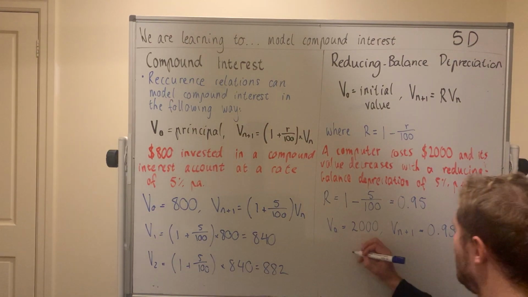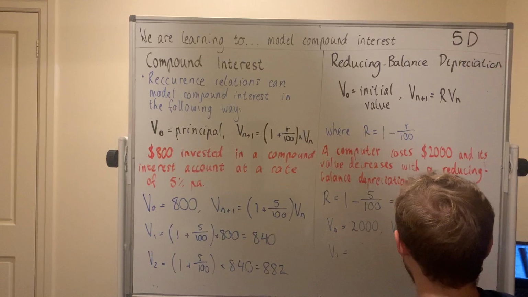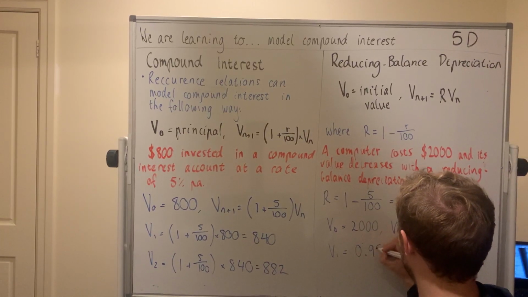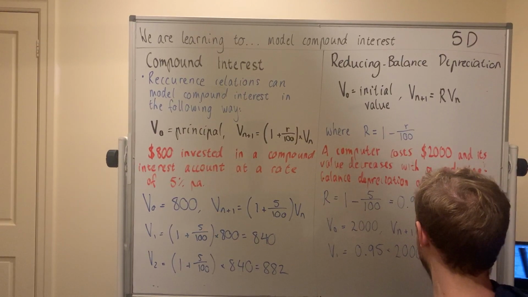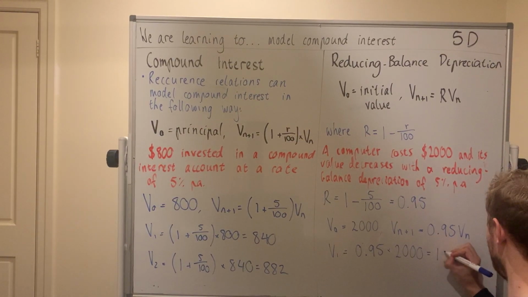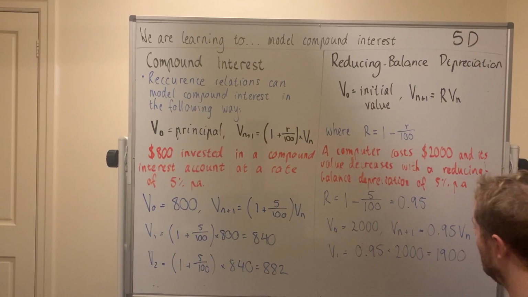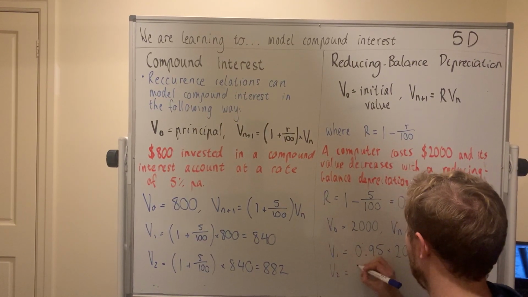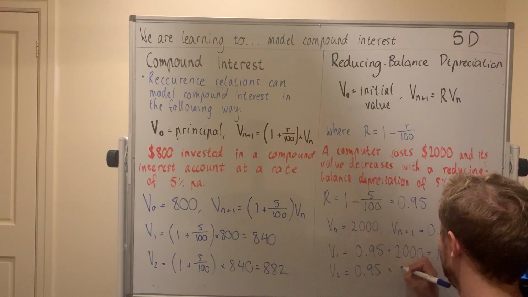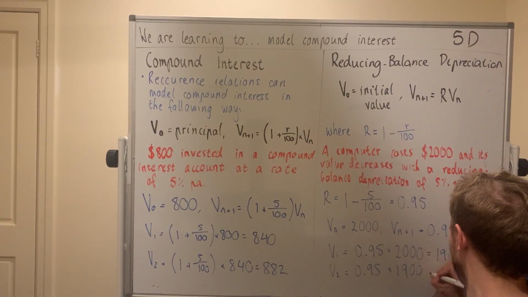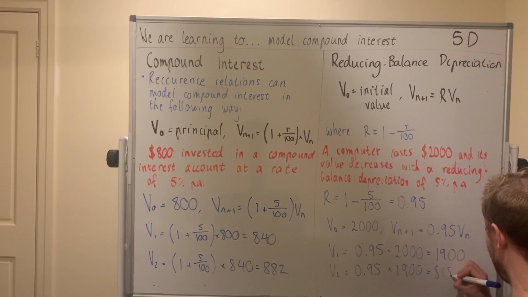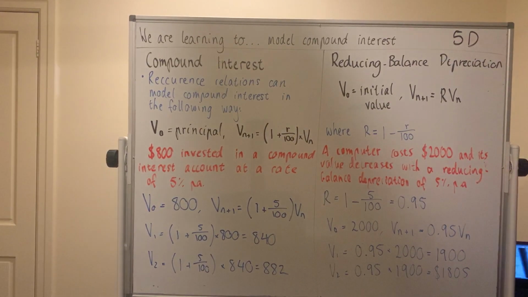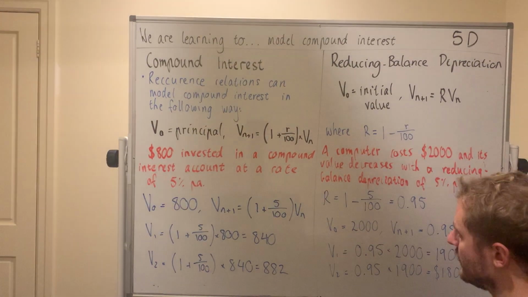So for example, if we wanted to calculate V1, it'd simply be 0.95 multiplied by the previous term of 2,000. 0.95 times 2,000 will give you 1,900. V2, all right, take 0.95, multiply it by the previous term of 1,900, which gives you 1,805. So after 2 years, the computer, based off this, is worth $1,805.